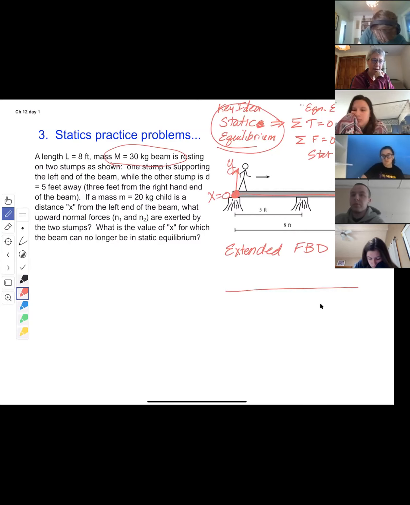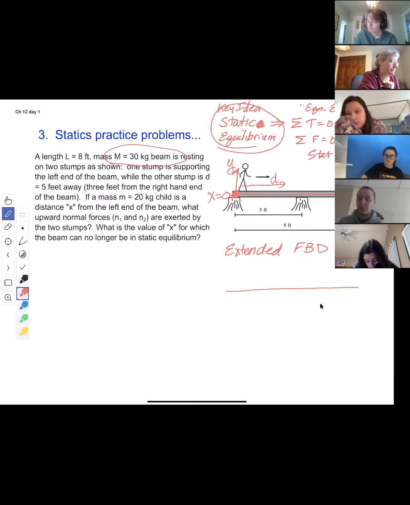So an extended free body diagram here would say, well, what are my forces? I've got a person standing at some distance d from the end. Now the person's walking out a little bit. Let's say they walk out some distance d. The child is, oh no, x. I want to use x for that. Sorry.